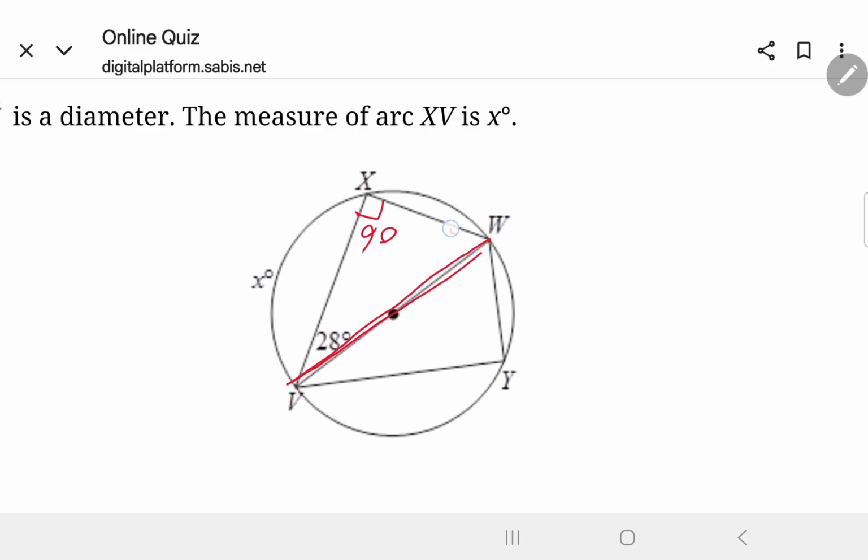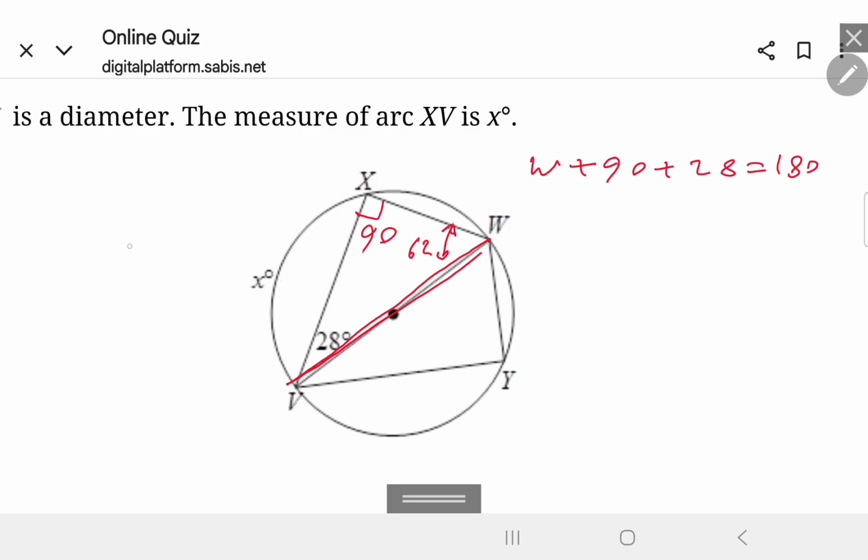And then you find angle W here, since the sum of angles in a triangle is 180. So you can do W plus 90 plus 28 equals 180. If you calculate that, you find it 62.